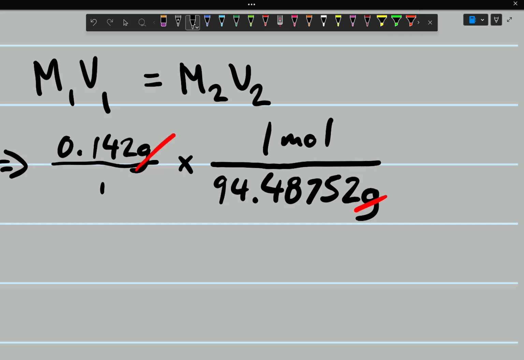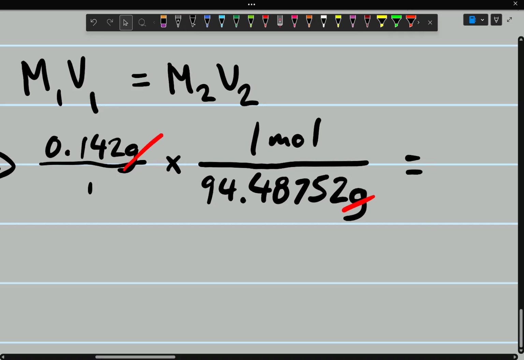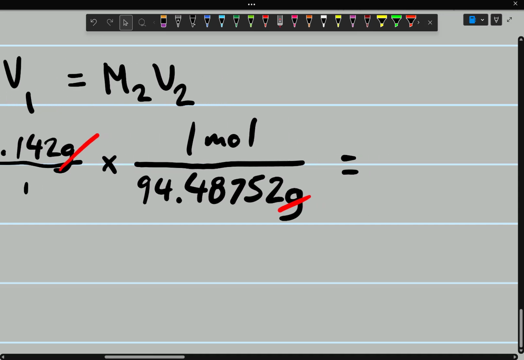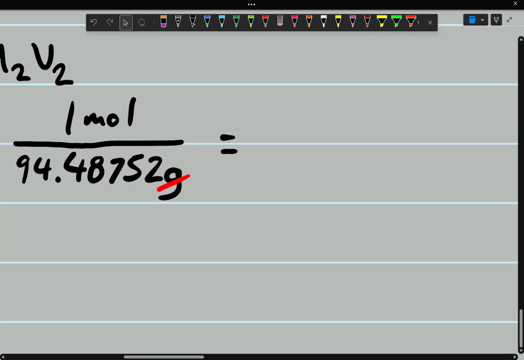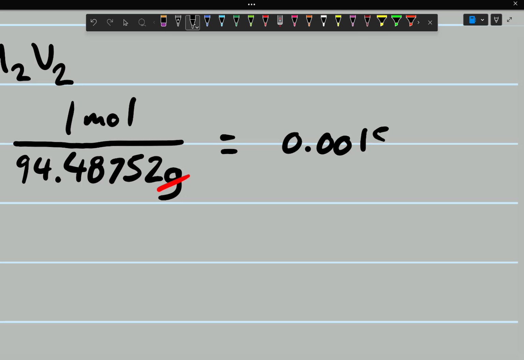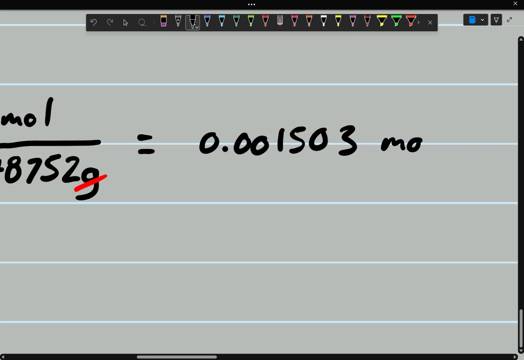Grams cancel, and you're just left with 0.142 divided by that 94 value, and we are left with 0.001503. And now this is just going to be moles.